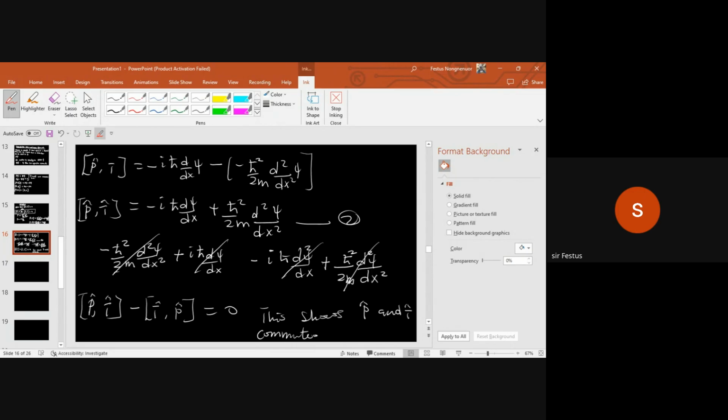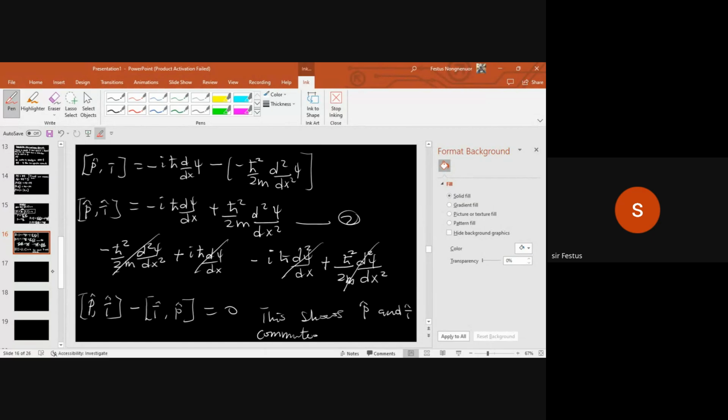You can also do that with position. You replace one and put position there and check whether position and momentum commute.